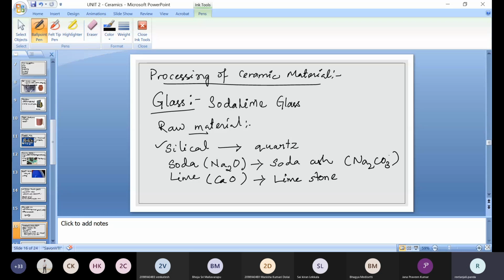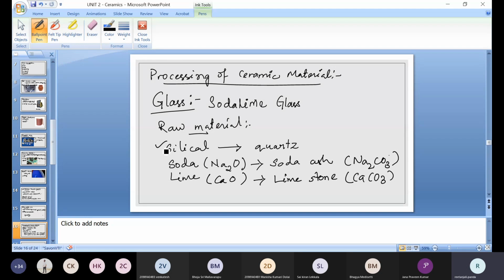In our day to day life, we see those chalk like things, no? We use them for making our rangolis and all. Those are one kind of limestone. So CaCO3 is the limestone formula.